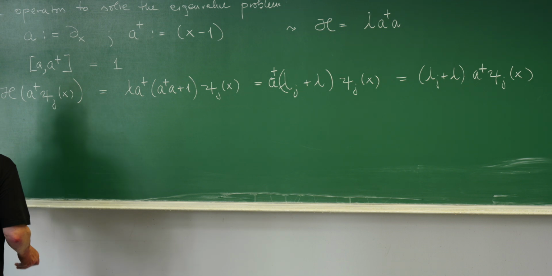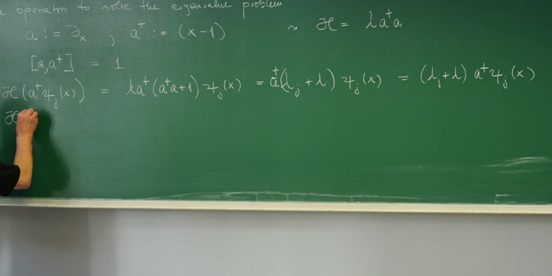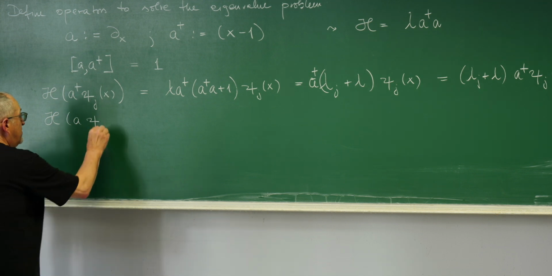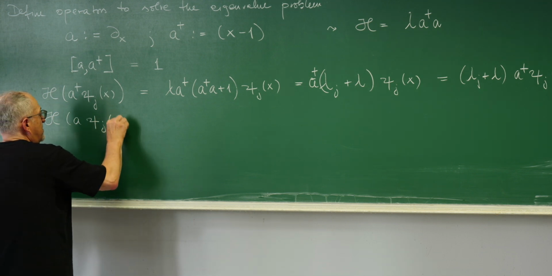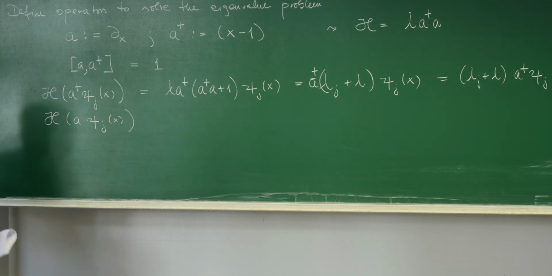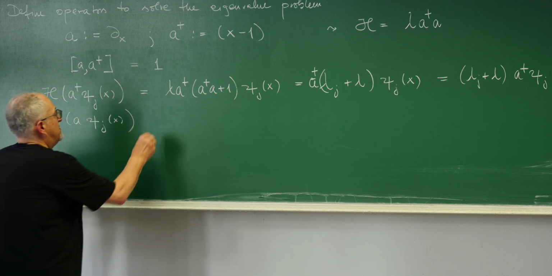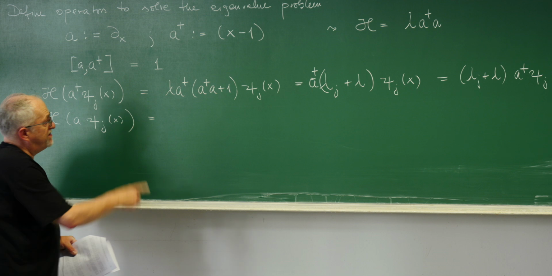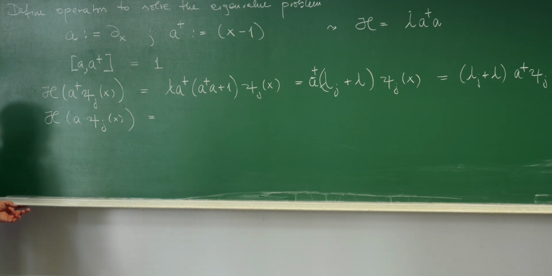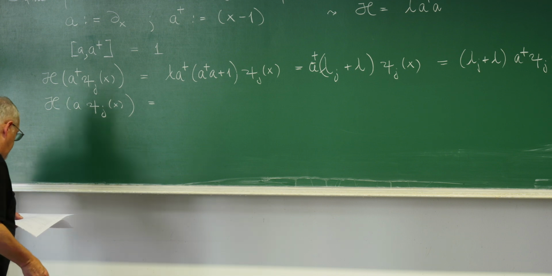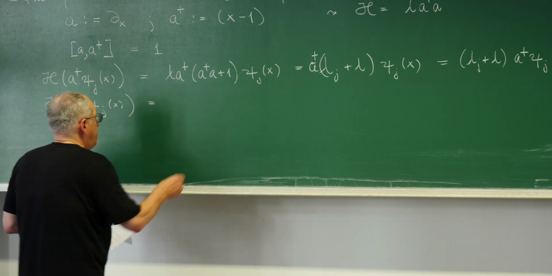You can do the same game by asking what is the eigenvalue for the object a times psi_j of x. This is done in various ways. Either you solve it in the same way as I've shown you here, or you use the commutation relation between H and a.